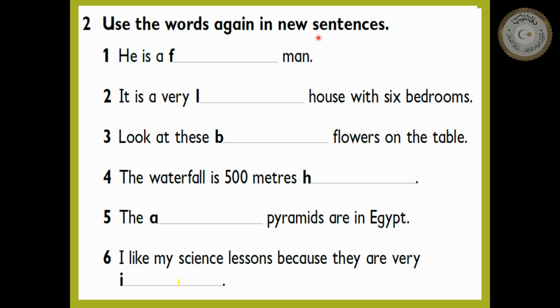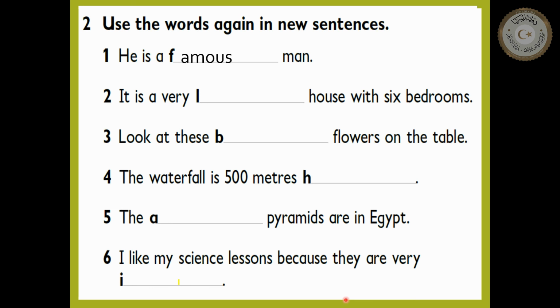Excellent. So we need to write these 6 adjectives in the correct places. It's very easy. Why? Because can you see here, it is the first letter of the adjective. For example, number 1, he is a man. Which adjective starts with the letter F? It is famous. Excellent. He is a famous man.